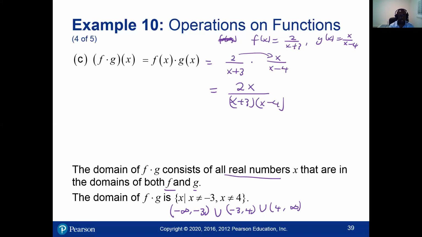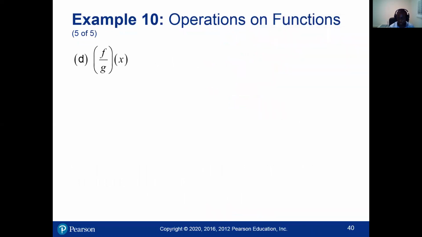Okay, so then the next one is tricky. So that's the last one we're going to do. That's the quotient. f of x divided by what? g of x. So we're going to write this again. f of x is 2 over x plus 3. Now everything divided by x over x minus 4.